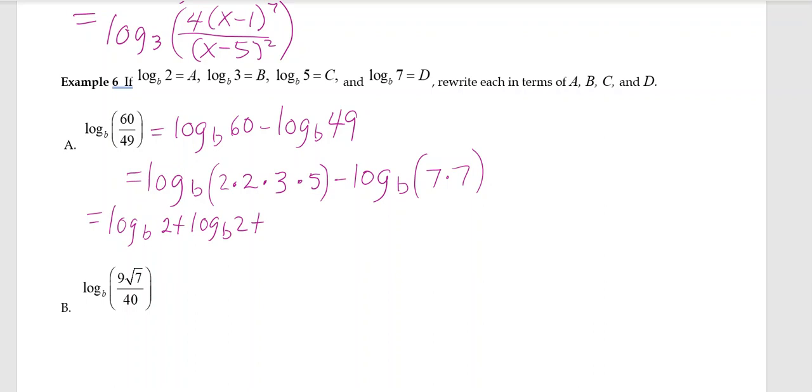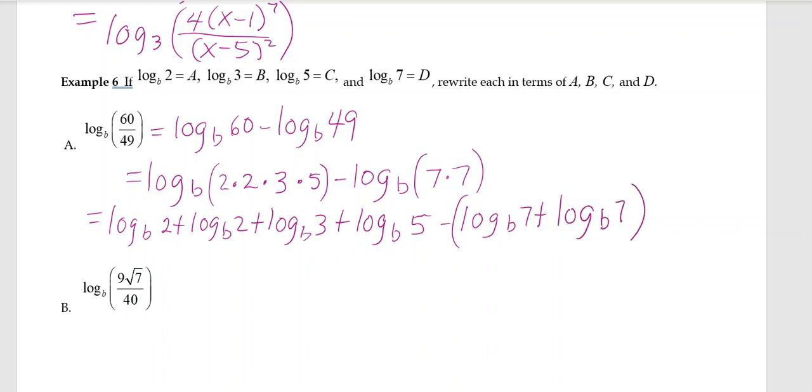There's my second 2, plus the log base b of 3 plus the log base b of 5. And then I've got minus the log base b of 7 plus the log base b of 7.